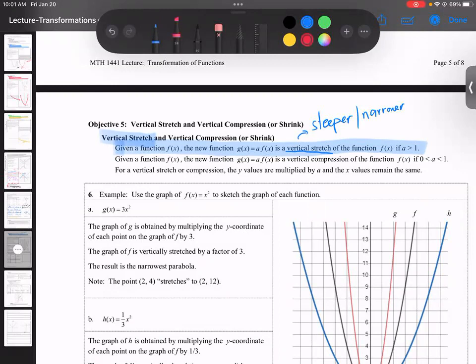It's the same thing, but if the coefficient of the function is between 0 and 1, I'm not talking about negative. If it's negative, then it will flip, right? We're not going to talk about that. Between 0 and 1, the graph gets wider. We call that vertical compression.